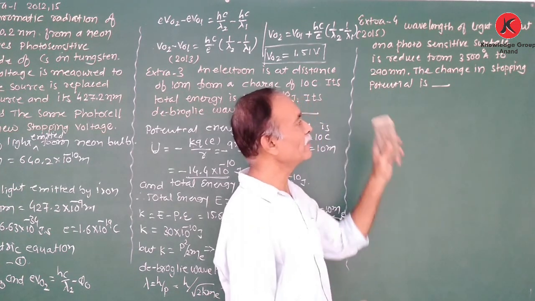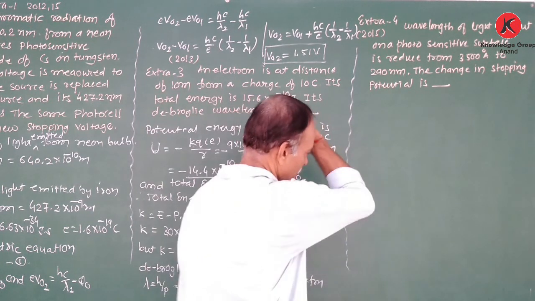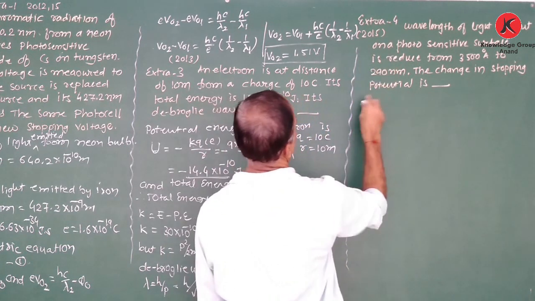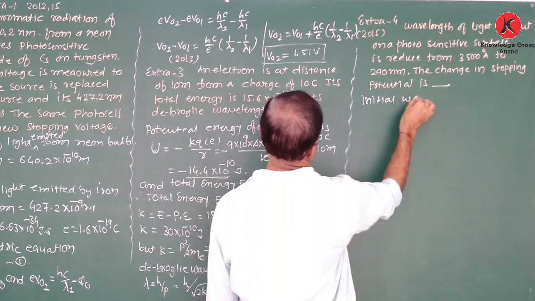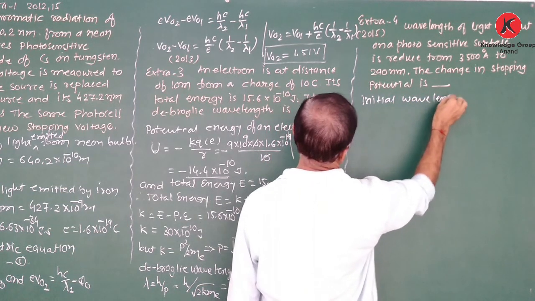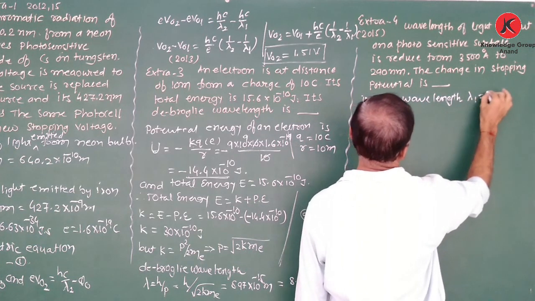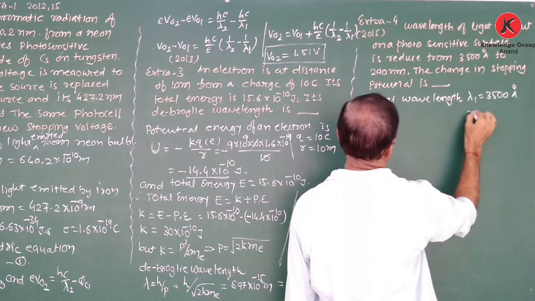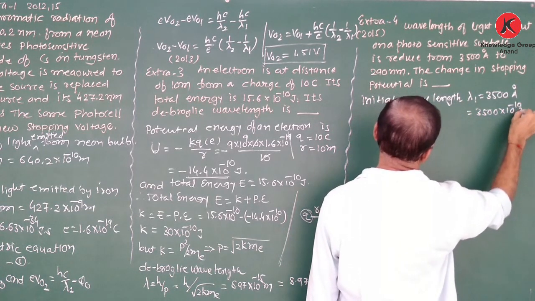Here we have to find the change in stopping potential. For that purpose, first the initial wavelength lambda 1 is given as 3500 angstrom, so it is equal to 3500 into 10 to the power minus 10 meter.